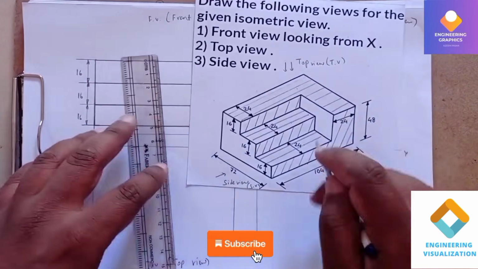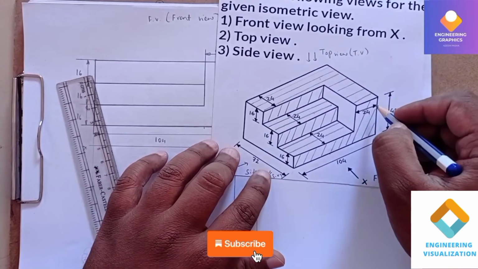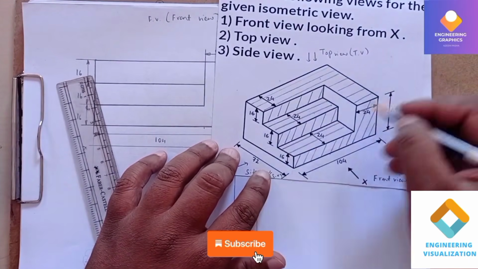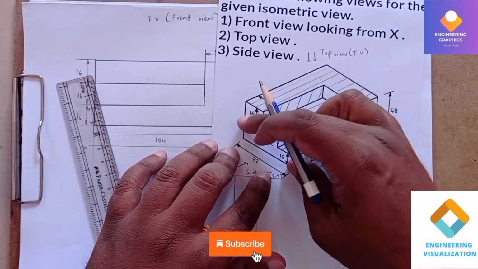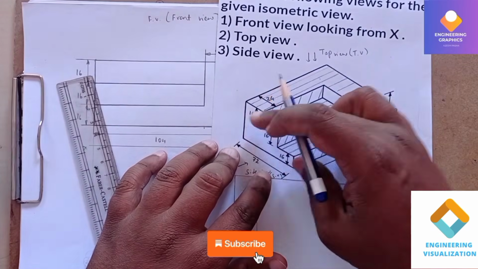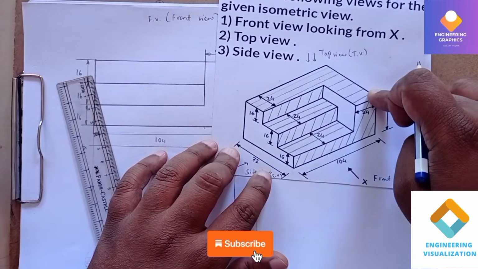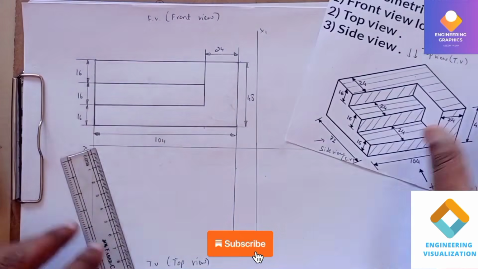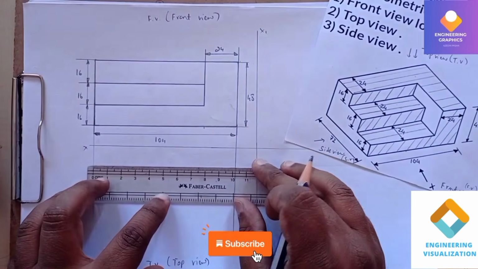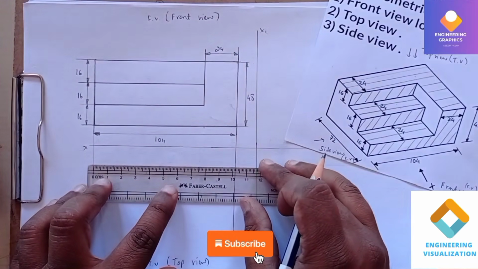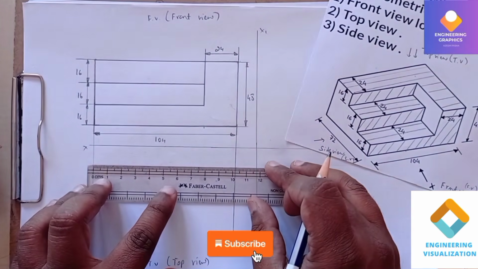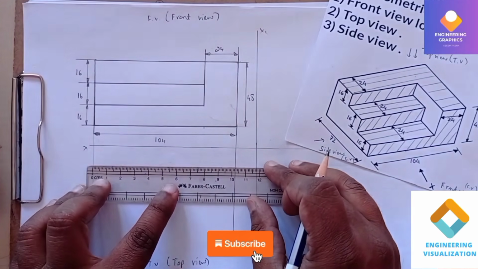You can see, so it has a length of 104, and then it has a width of 72. 104 by 72, we should construct a rectangle here. First I will construct that 104, and then I will take 72, okay. So 104 we already have it here. So you can just draw a line.